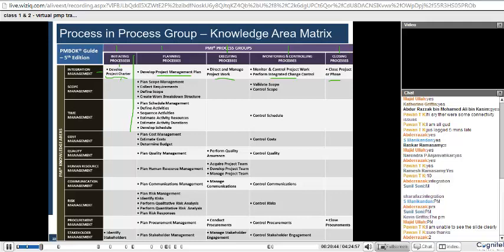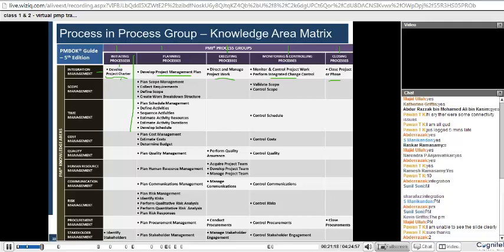So every knowledge area is contributing to the planning process group. Similarly, in execution, again, we have quite a few processes, then in monitoring and controlling, and then in closing. So we would be looking at this matrix card before we start any process, and it would keep on reminding you which knowledge area this process comes from and which process group it belongs to.